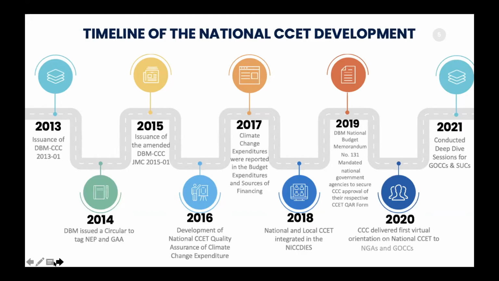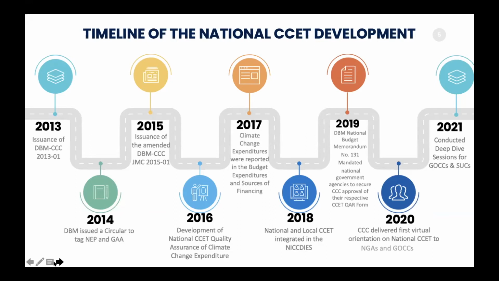So in 2019, based on our discussion also with DBM, now po, the government agencies need to secure approval from the Climate Change Commission and ensure that we are able to review and assess also the submissions of the agencies using the QAR form prior to submitting this to the DBM via the OSBP.